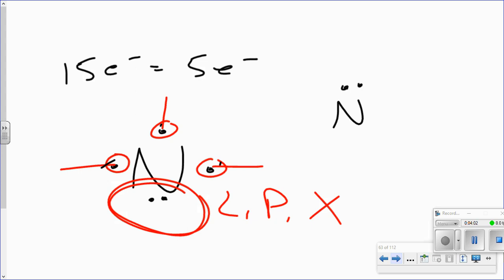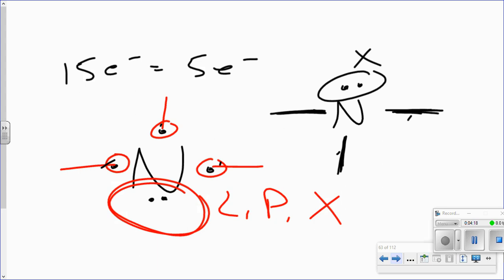If I were to draw it like this, by the way, a line represents 2 electrons. I think I said it on the last slide. So here's an electron, here's an electron, a pair of electrons, a pair of electrons, a pair of electrons. Now this is the lone pair. There's no bond here. All right, let's do one more.